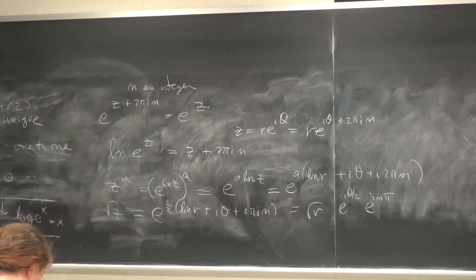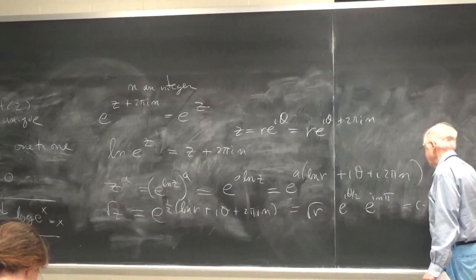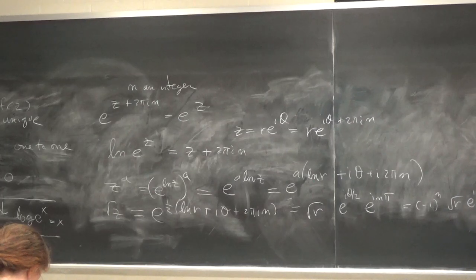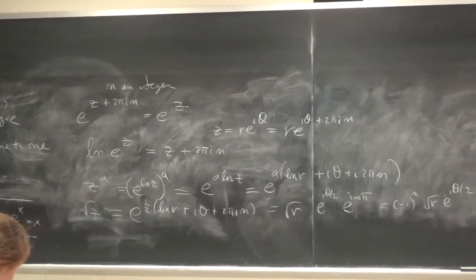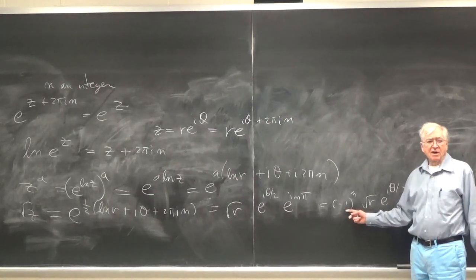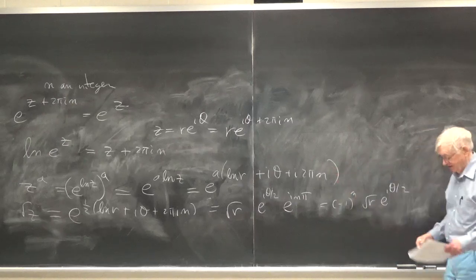And e to the i n pi is minus 1 to the n, so square root of r e to the i theta over 2. So there's a choice of plus or minus that comes from your convention, what n you're dealing with.